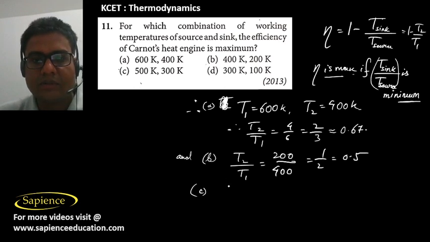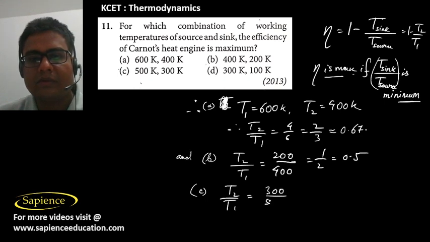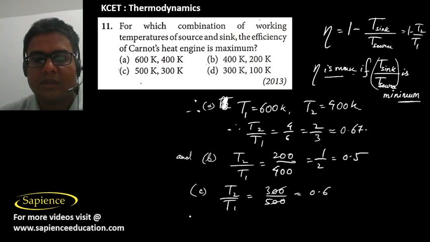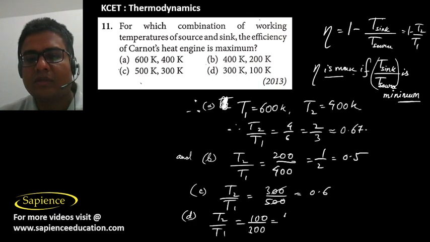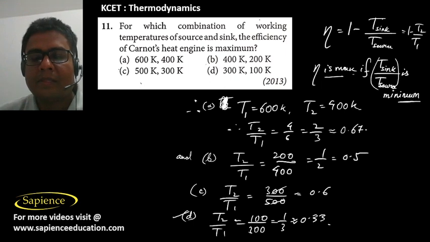For option C, T2 by T1 is 300 Kelvin by 500 Kelvin, that is 3 by 5, which is 0.6. And in option D, T2 by T1 is 100 by 300, that is 1 by 3, which is approximately 0.33. So in option D only, the ratio of temperature of sink and source is the least.